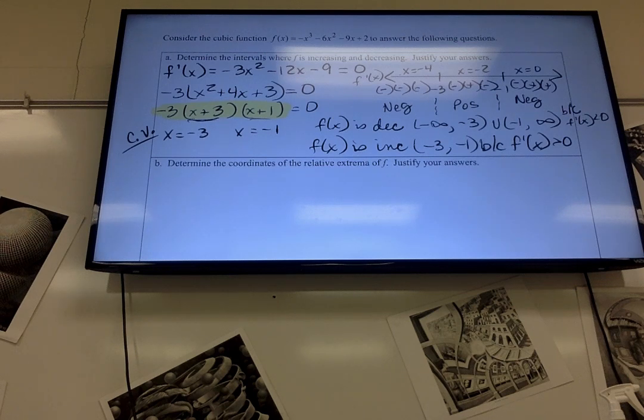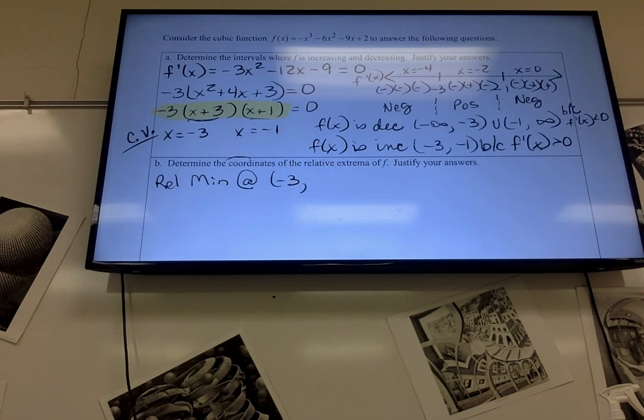So we just already did all that. So we know it goes from negative to positive at -3. So we have a relative, negative, positive, that would be a min, at x equals -3.